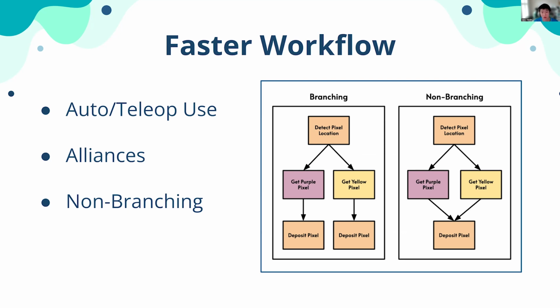So you can see on the example where we have branching, we need to program that deposit pixel action twice. And on the side where we don't have branching, both those options go back to the deposit pixel action, and we reduce the amount of code we need to program.